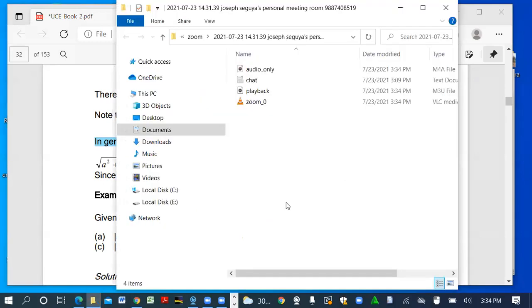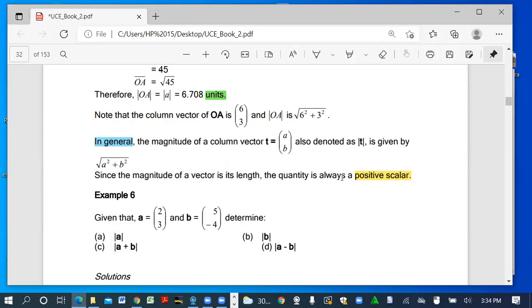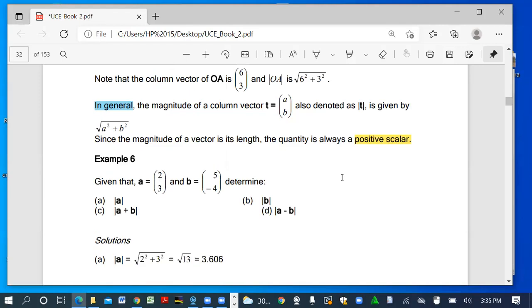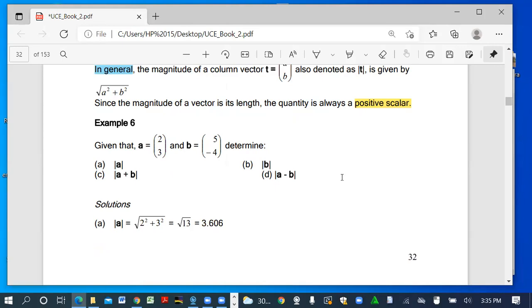Continue. I might take screenshots. Okay, if you are finished, let us proceed.